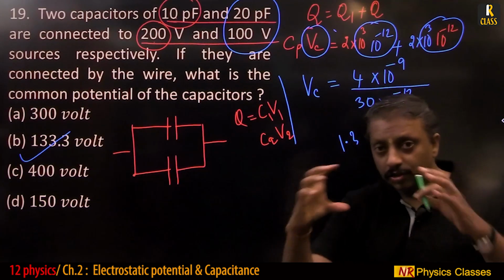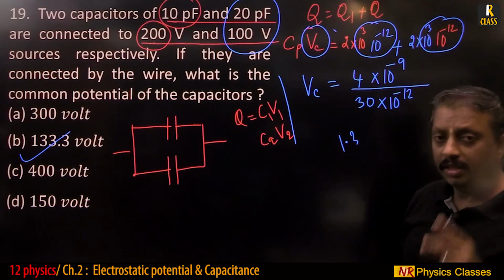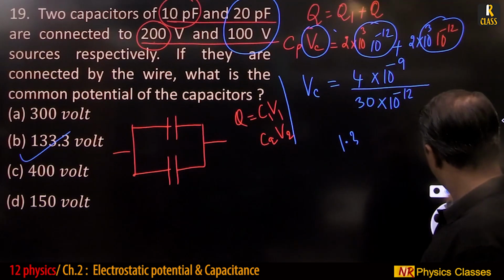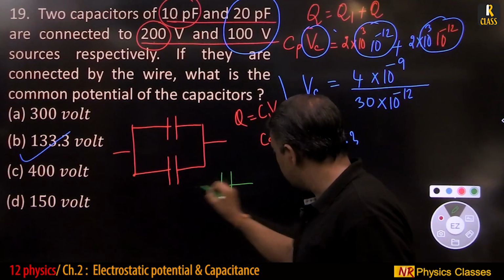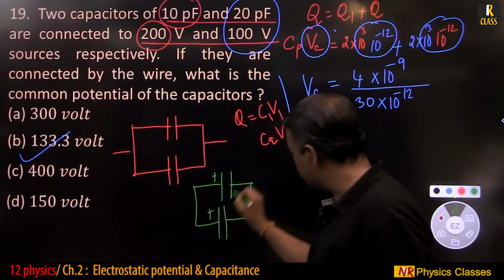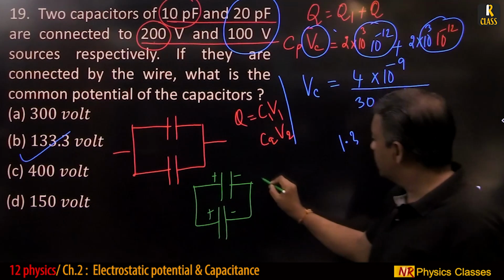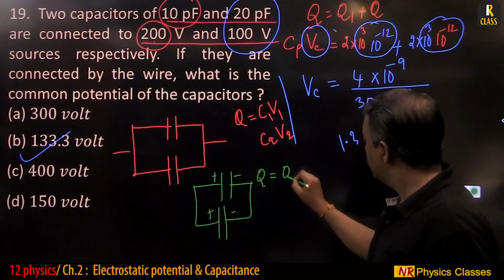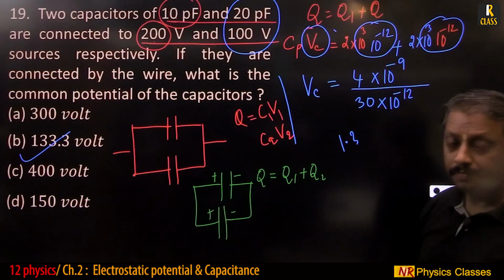When capacitors are shorted, it should be like this, and there are two cases. Let me tell you those two cases. If two capacitors are shorted like this, with positive connected to positive and negative to negative, in this case you take the total charge as Q1 plus Q2, and the procedure is as usual.